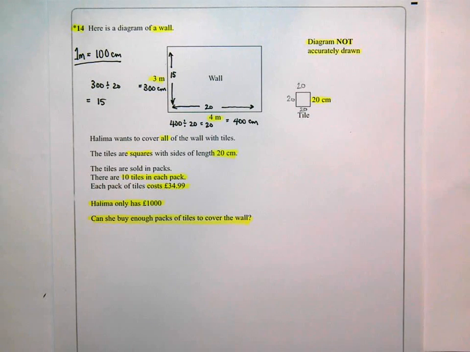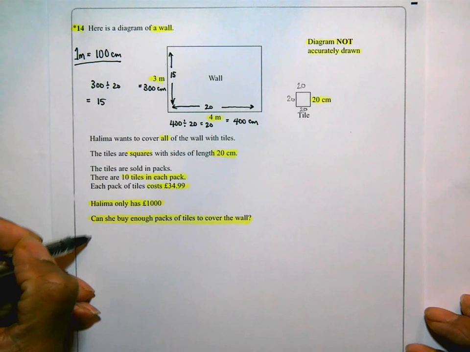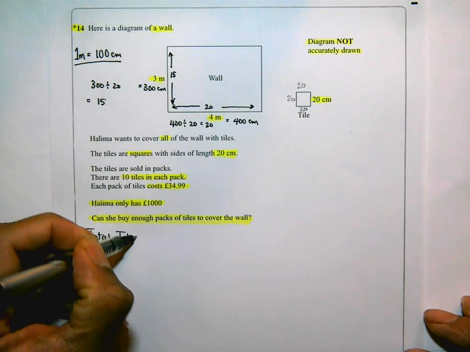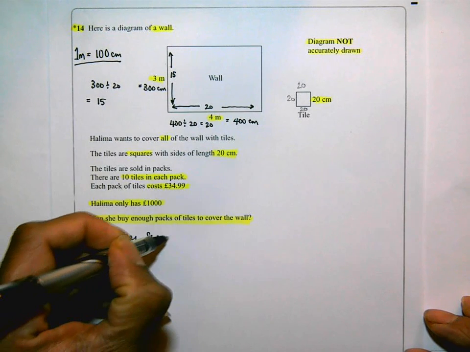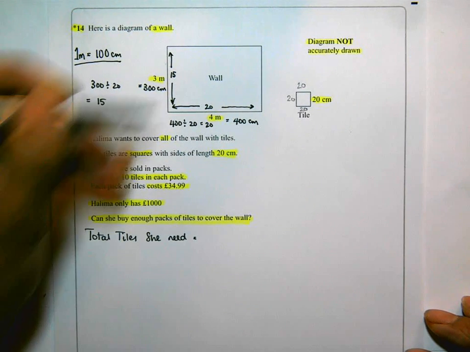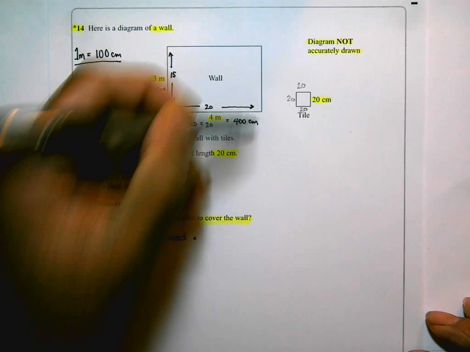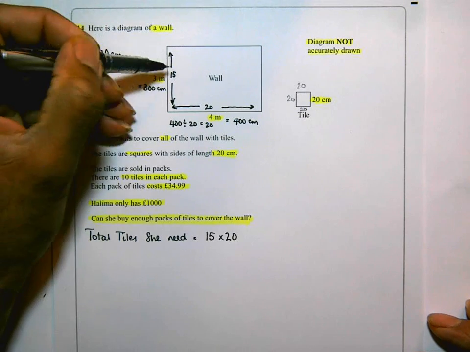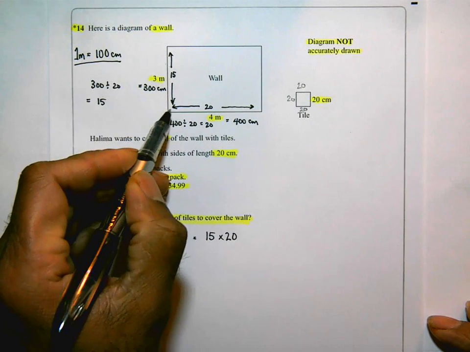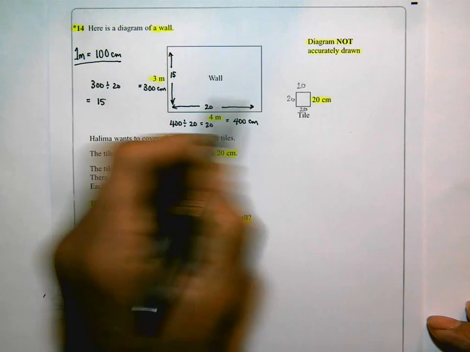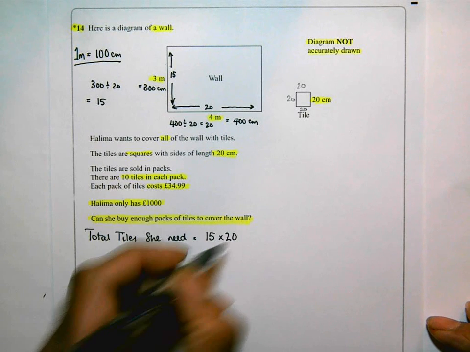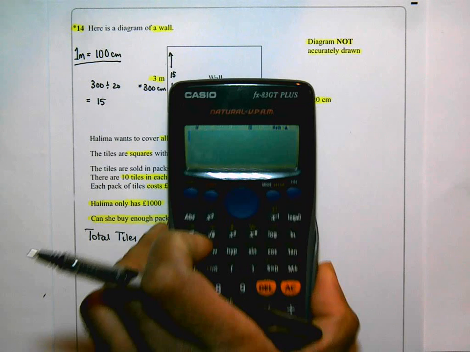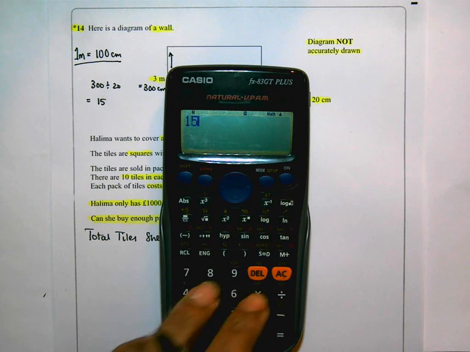So the total number of tiles she needs is going to be 15 times 20, because if each row has 20 and there are 15 rows, 15 times 20 will tell me how many tiles she needs altogether. Let's do that. That's 300 tiles altogether.